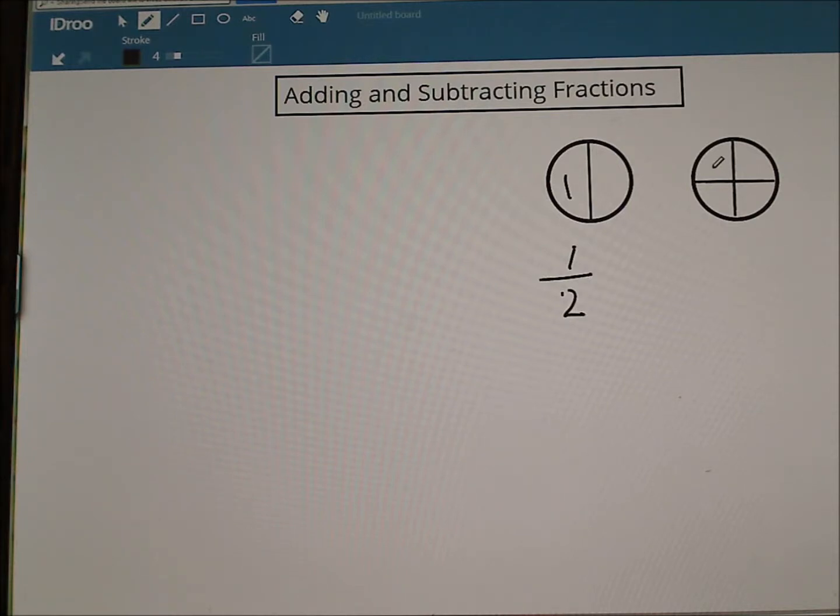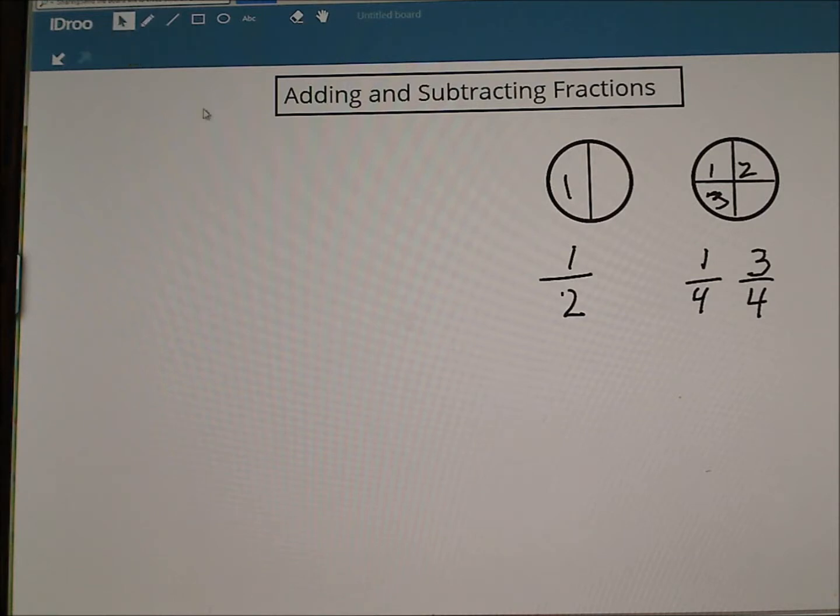Over here, if I'm just concerned with one part, it would be 1 over 4, or 1/4. But because I have several parts here, I can write several fractions. So I can also write 3 over 4, or 3/4.